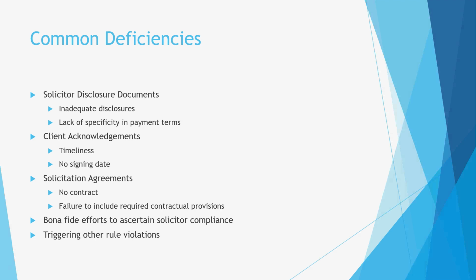The risk alert specifically referenced solicitor disclosures that describe the solicitor's compensation using vague or hypothetical terms, which were deemed deficient, as opposed to using specific terms describing the actual compensation paid to the solicitor.